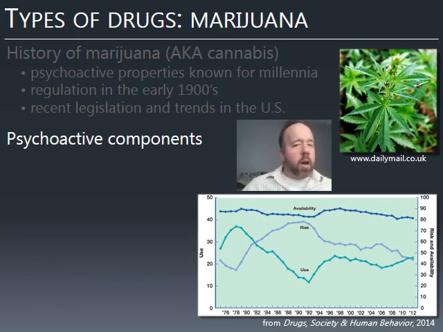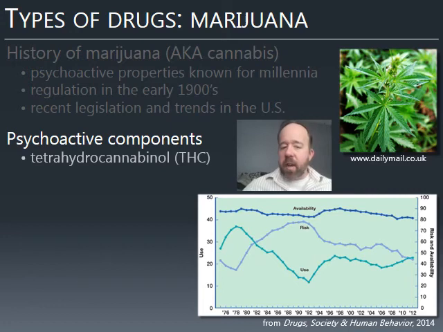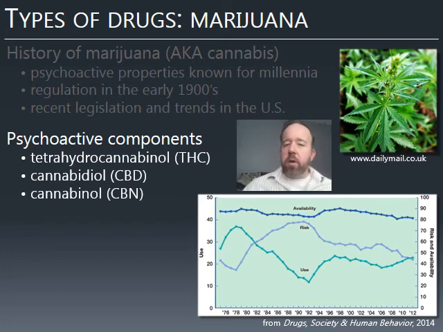So marijuana is naturally occurring, and like opium, it has several psychoactive components. The most famous and the most prominent of which is tetrahydrocannabinol, otherwise known as THC. But there are a couple others as well, like cannabidiol and cannabinol, and these are structurally related compounds, and they have different effects. So a lot of the psychoactive experiences that a person has with marijuana are a function of THC.